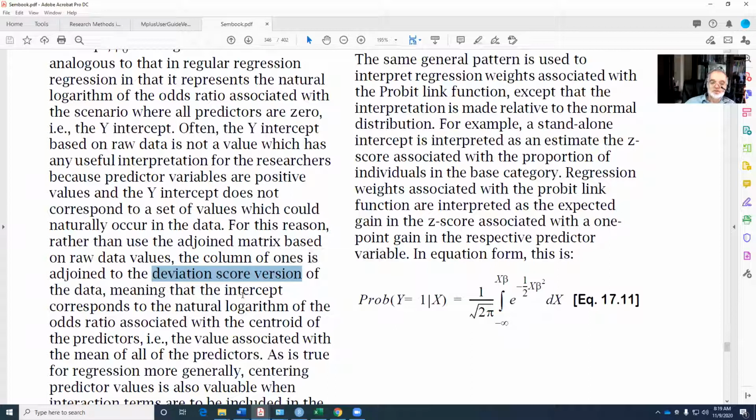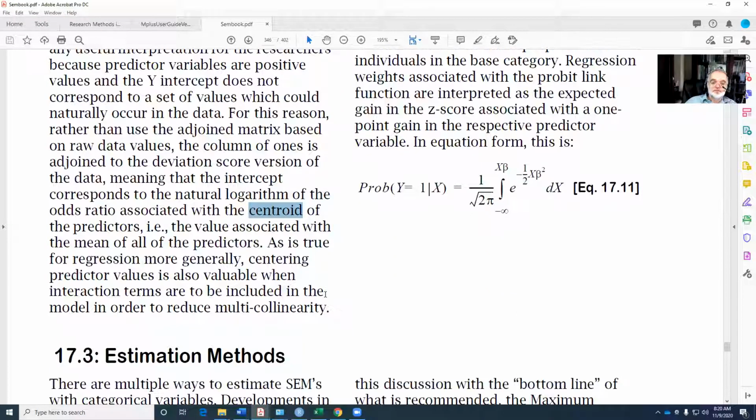The reason you do that is that the intercept then corresponds to the natural logarithm of the odds ratio of the centroid of your predictors. That is, it's going to correspond to the odds of diagnosing divided by not diagnosing, or having a 1 divided by having a 0, for the mean across all your predictor variables.